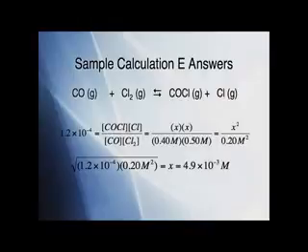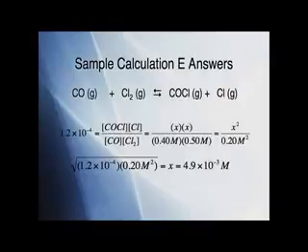Now, the final solution for this is to take your 0.20 moles squared per liter squared and multiply both sides of the equation by that, so it cancels off of the right side of the equation, and the left side of the equation would then have 1.2 times 10 to the negative fourth times 0.20 moles squared per liter squared.